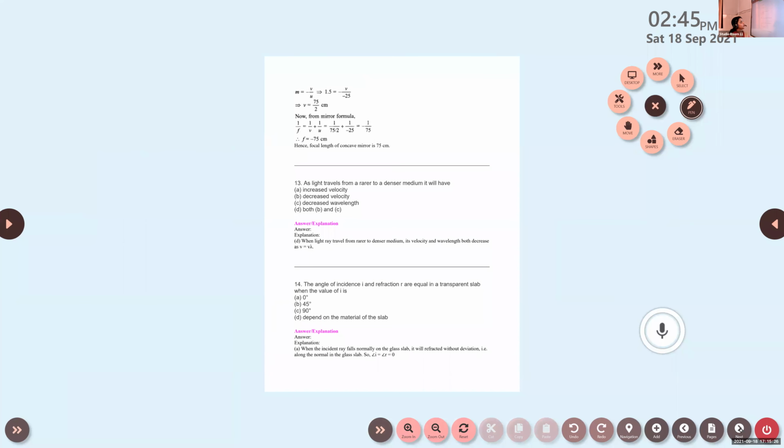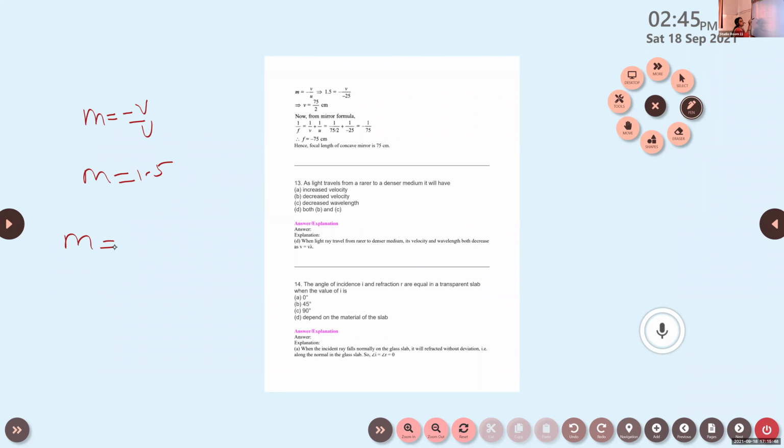This is the method that we are going to solve it. Magnification M is equal to negative V by U. The magnification is given, it is 1.5. And object distance is given.